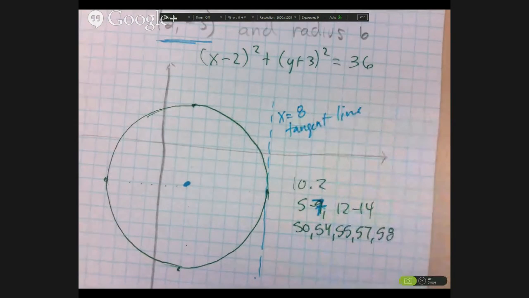One of the problems asks you, what's the equation of a circle with this center and tangent to x equals 3? You just have to read into that. You just have to figure out the radius from that.